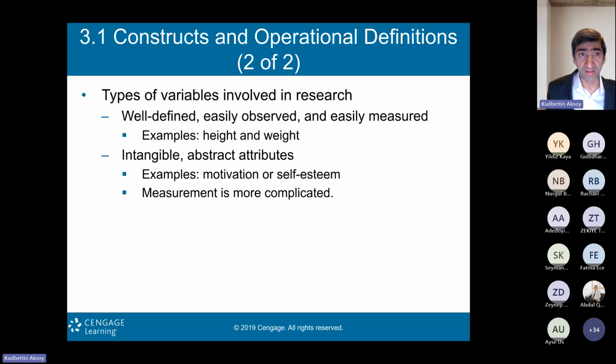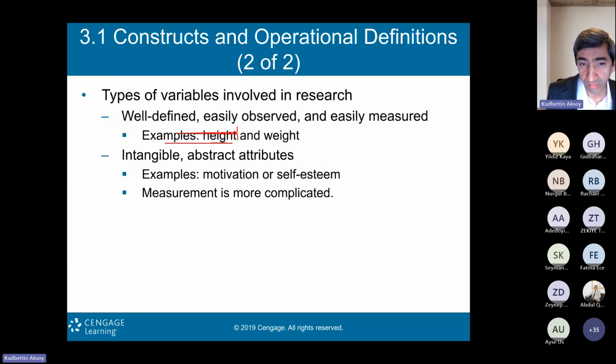So in general, there are 2 types of these phenomena, these variables. One of them is well-defined, easily observed, and easily measured, like height and weight, velocity, things like that, even though there is still measurement error here.